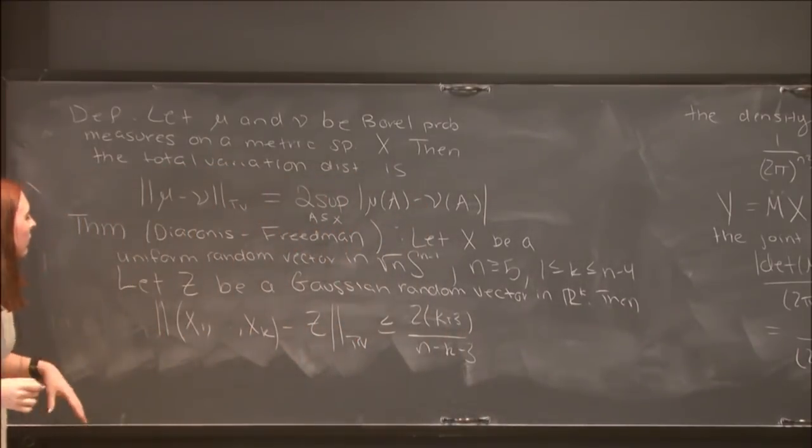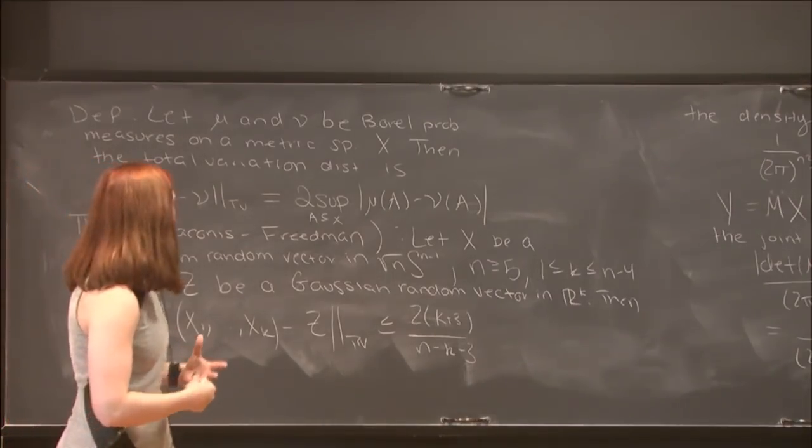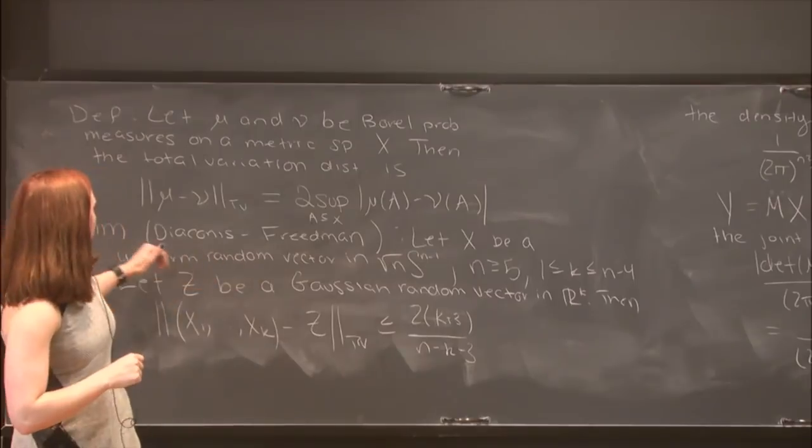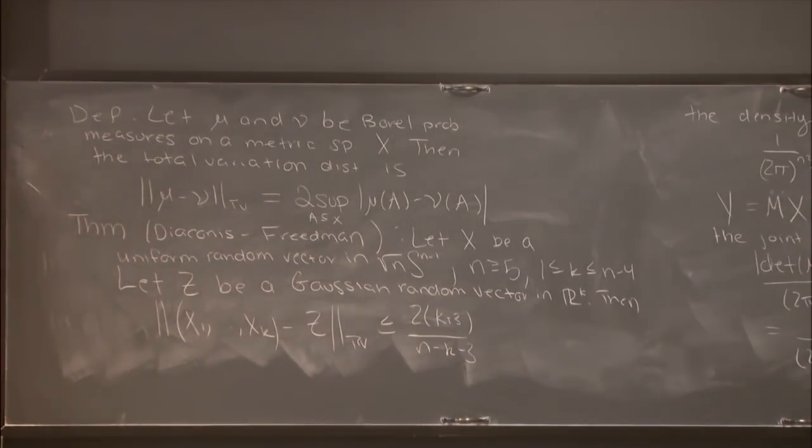Okay. So what this gives us is we can approximate simultaneously k entries from our point on the sphere by k IID Gaussian random variables in this notion of total variation distance, so long as k is little o of n. Okay.